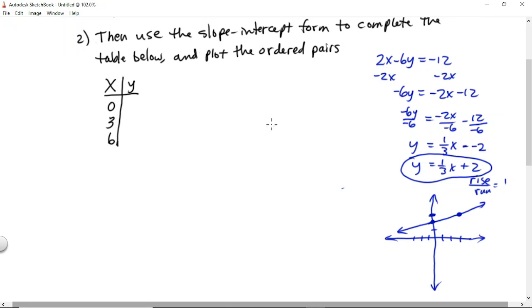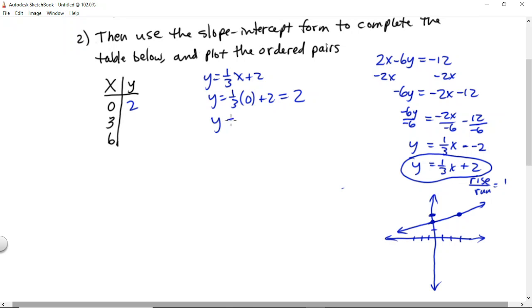Well, let's do that over here. y equals 1/3 x plus 2. So putting in 0 for x, 1/3 times 0 plus 2 equals 2. Okay, so when x is 0, y is 2.